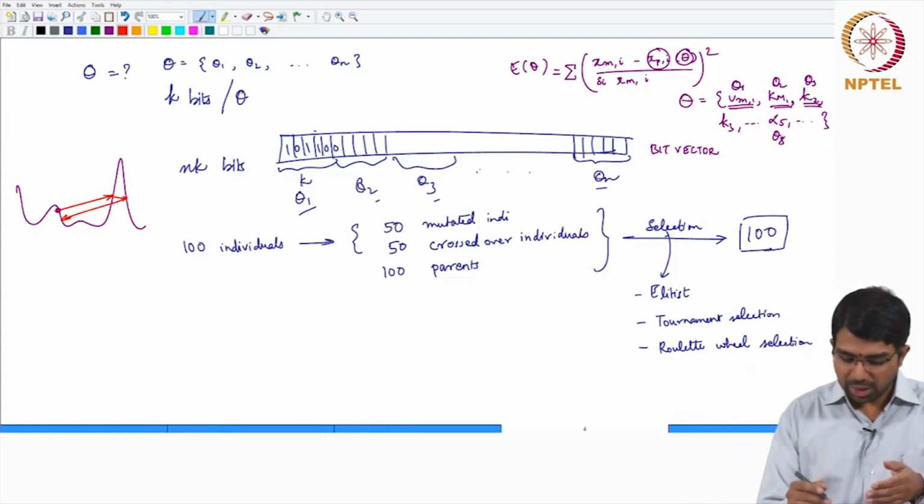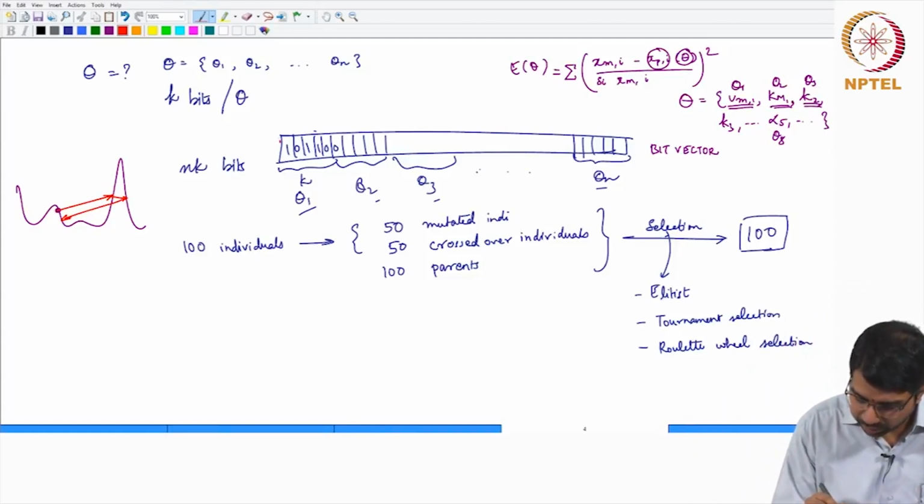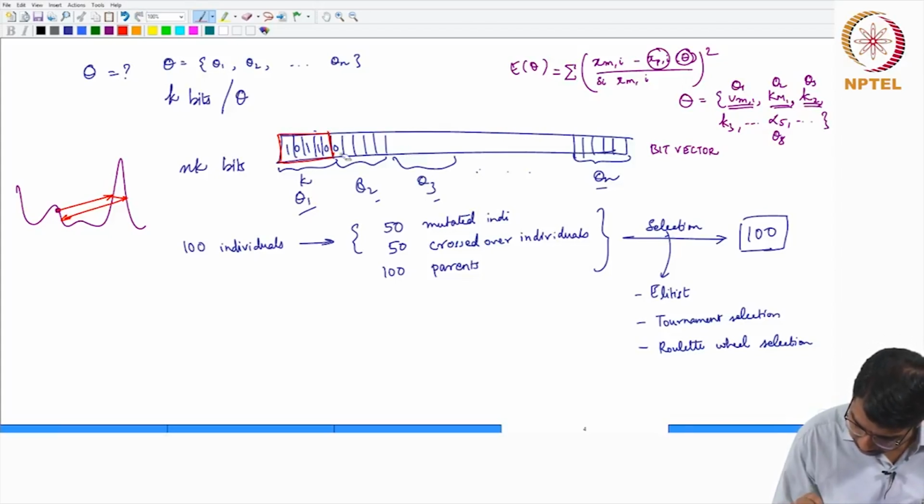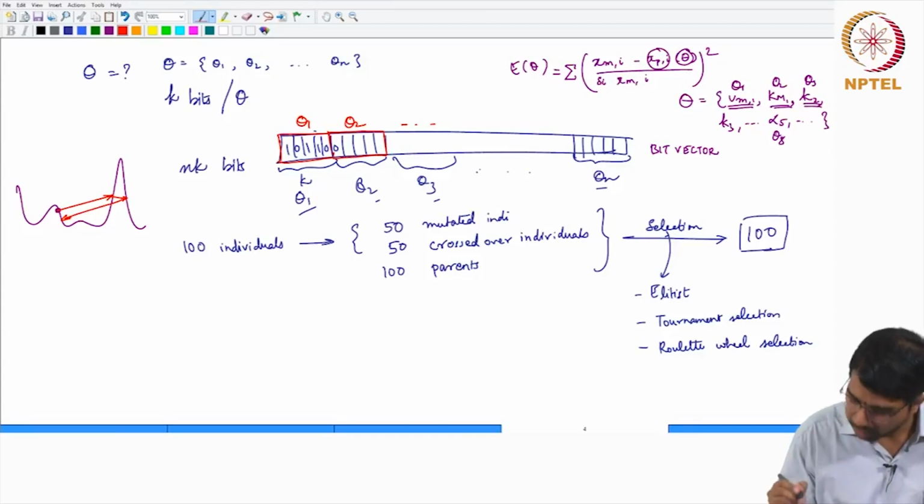So, you basically embed all your parameters, so, this is theta 1, theta 2 and so on.